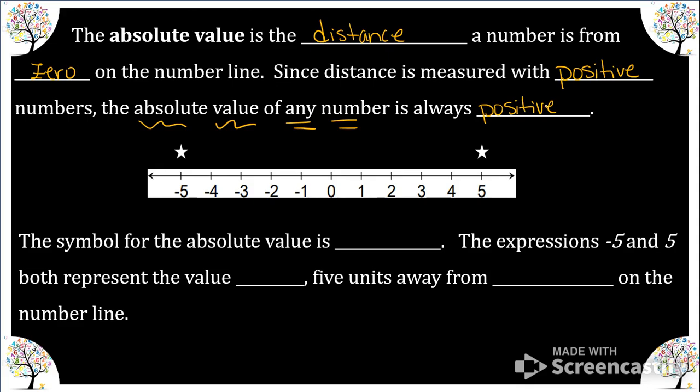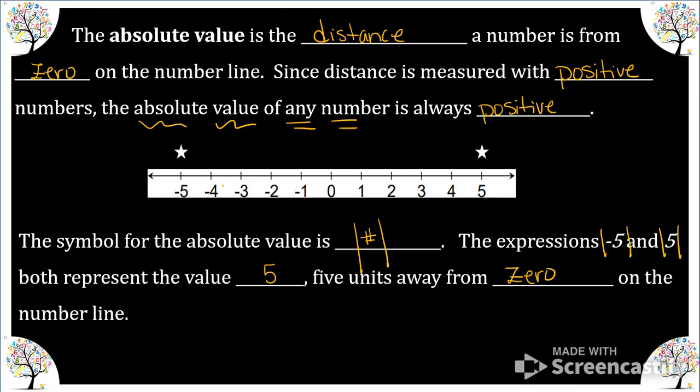And the symbol that is used to represent the absolute value are these vertical bars. So there'll be some number sandwiched between these two vertical bars. The expressions -5 and 5, when we have the absolute value symbols around them, both represent the value 5 because -5 and +5 are 5 units away from 0 on the number line.